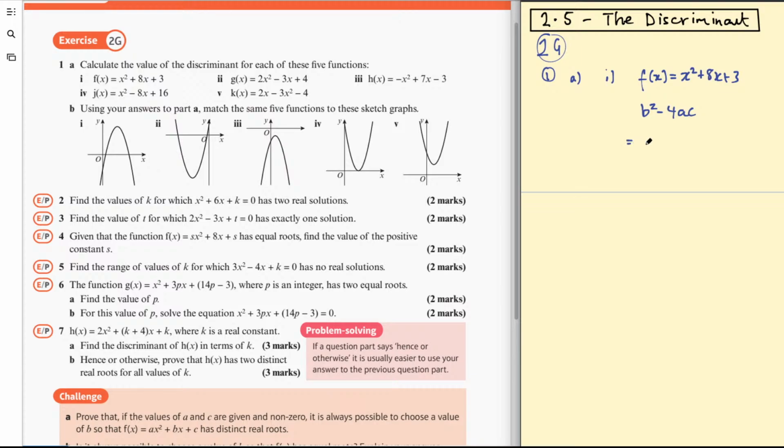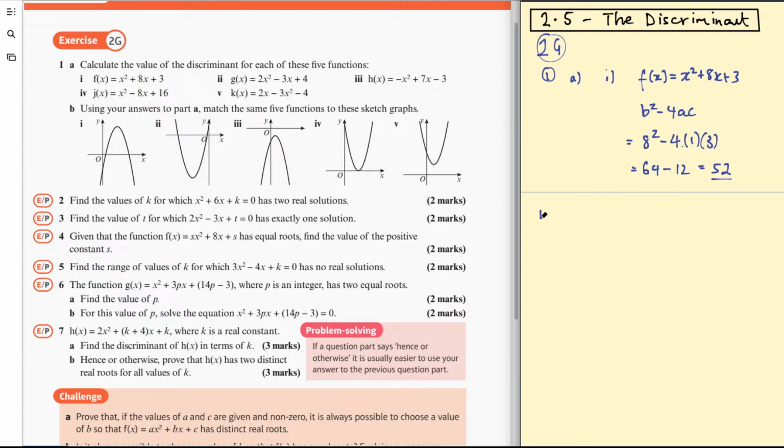This is basically substitution. B is 8, so we've got 8 squared, take 4 multiplied by A is 1, C is 3. So you're plugging them in, and then solving this expression. So 8 squared is 64, 4 times 1 times 3 is 12, so 64 take 12, that's 52, I believe. So there's the value of the discriminant.